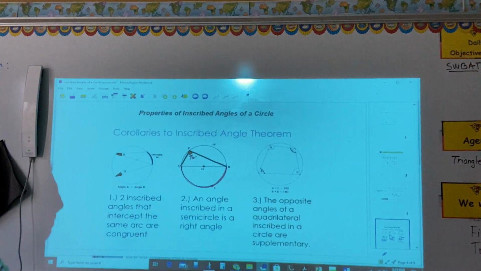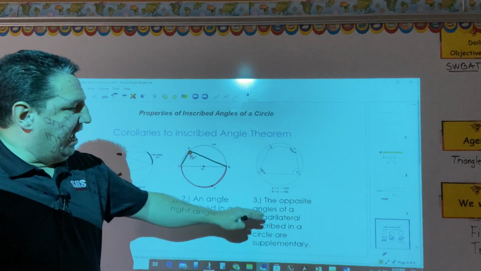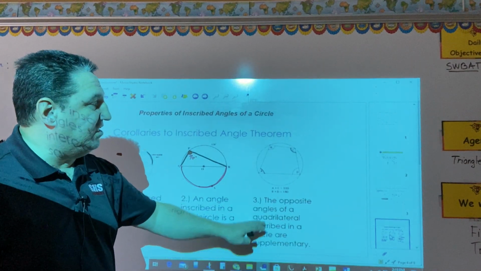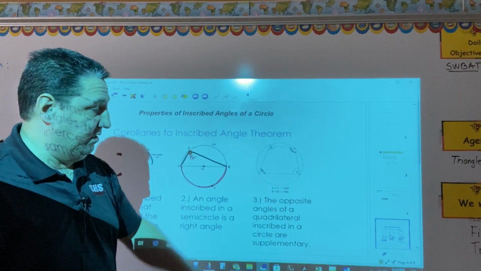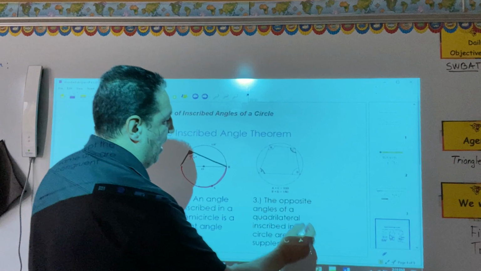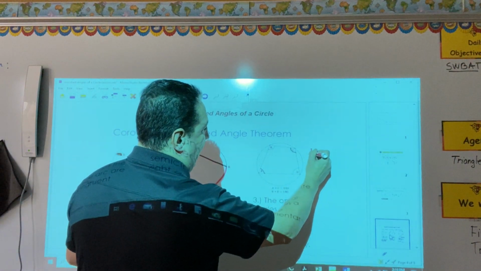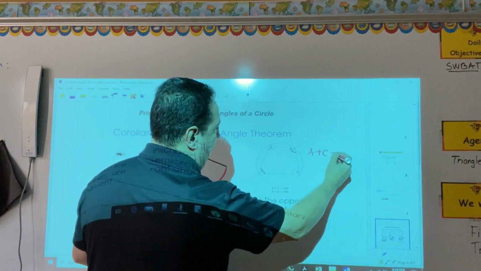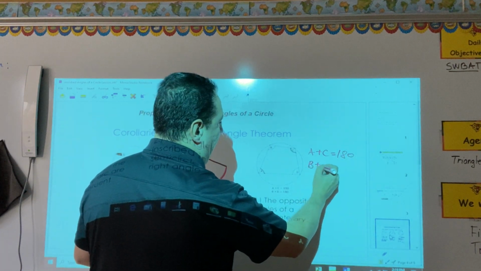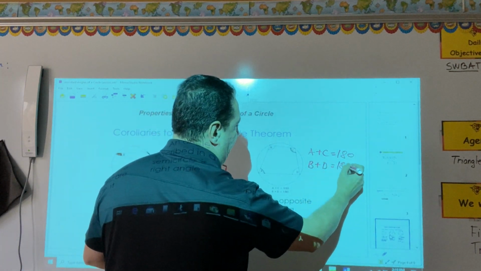And the third property: the opposite angles of a quadrilateral inscribed in a circle are supplementary. In other words, angles A plus C equals 180 and angles B plus D equals 180.